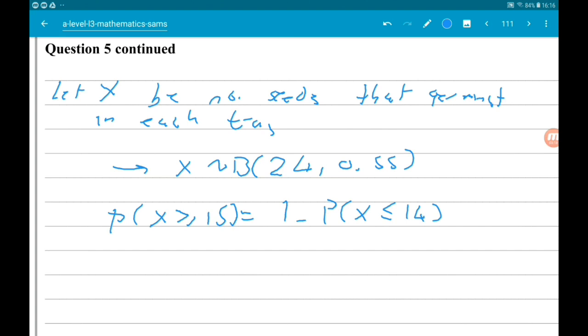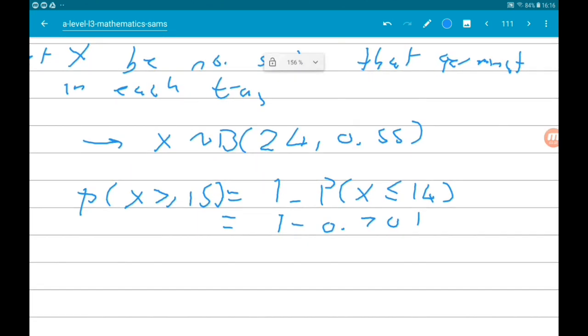So this is 1 minus 0.701, which gives us 0.299. So that's the probability that at least 15 seeds germinate in a tray.